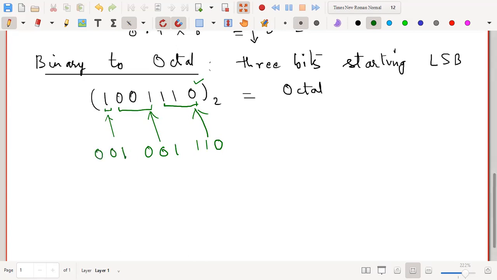So what do we get? We get 0 0 1, 0 0 1 and 1 1 0. Now what is this 0 0 1? This 0 0 1 is nothing but 1. You can check it, do the conversion and check it. And this 0 0 1 again is 1, and then 1 1 0 is actually 6.